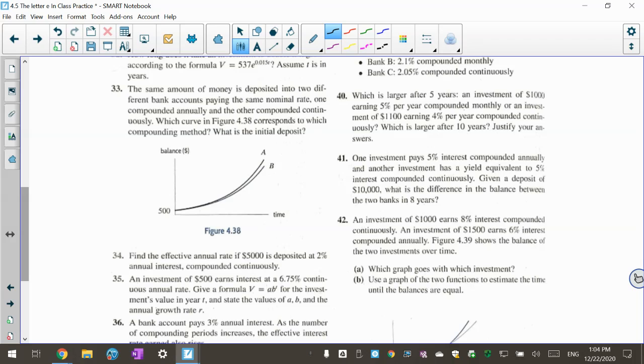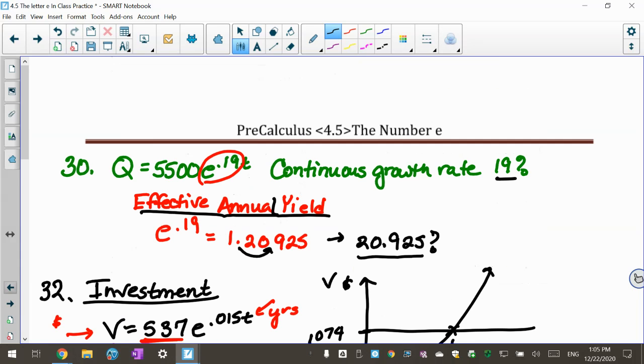It's sometimes confusing when they say annual interest and then compounded continuously. If they say continuously, then you're going to use the PERT formula or y equals A e to the kt. They both work.